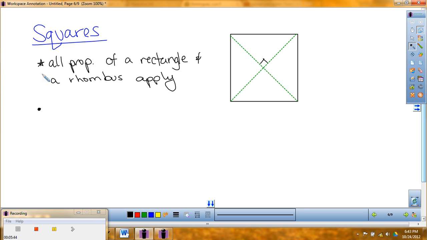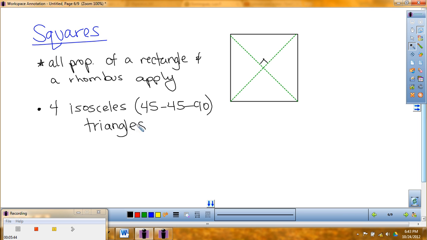The 4 congruent triangles that we're getting are 4 isosceles 45-45-90 triangles.